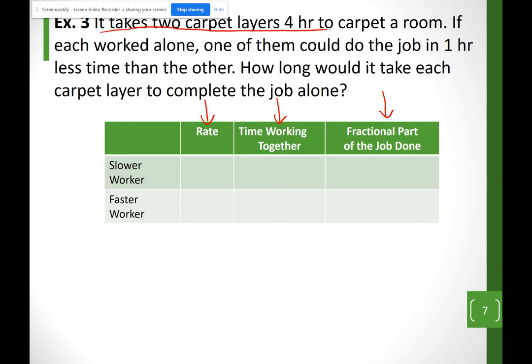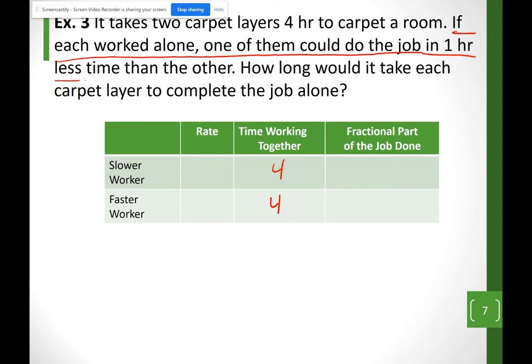It takes 2 carpet layers 4 hours to complete a room. So time working together, it was 4. They work 4 hours together. Now, the rate. It says if each of them worked alone, one of them could do the job in 1 hour less time than the other.